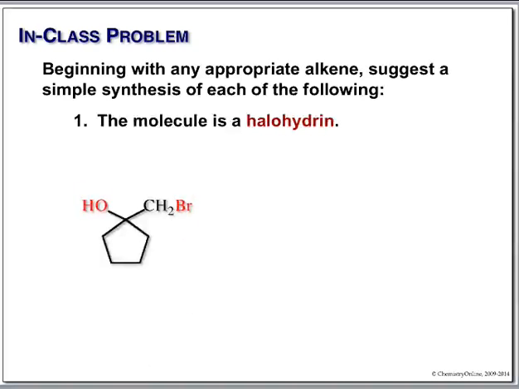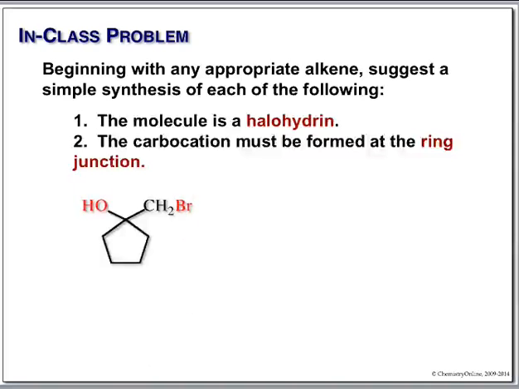So, step 1, it's a halohydrin. Step 2, the hydroxyl group is bonded to the carbon that gives the most stable carbocation, which is our tertiary carbon. So write the structure of the alkene that you would need and the reaction conditions.